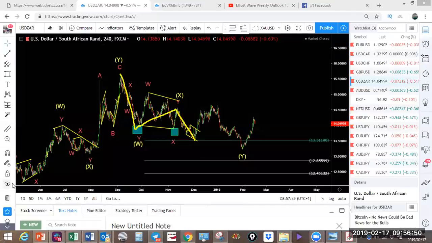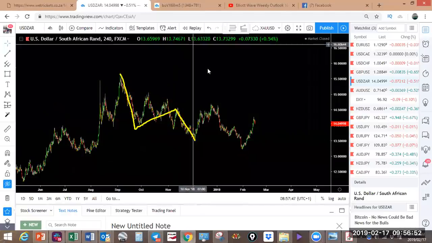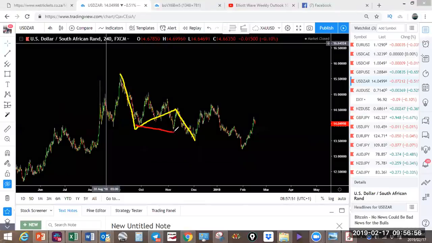This one we looked at as a running flat, this one breaking the low here. And we thought that this was going to be the X. And then after that X, we expected that this was possibly going to be another structure like this, 1, 2, 3.